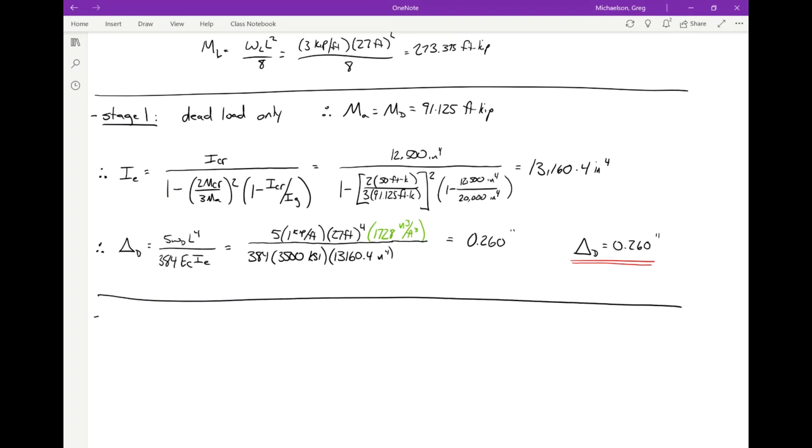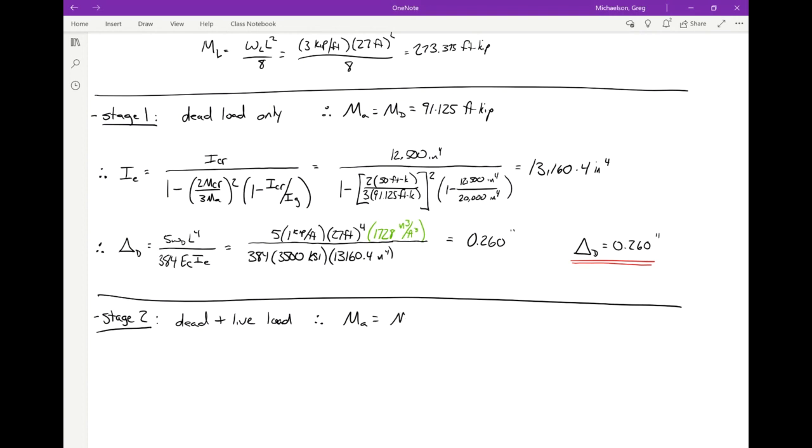All right, so now stage 2, dead plus live load. A couple things change. First off, MA is no longer 91.